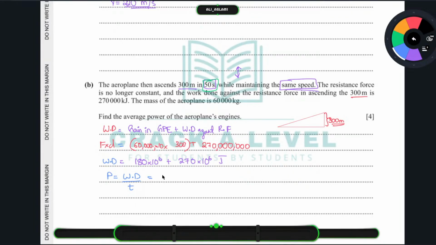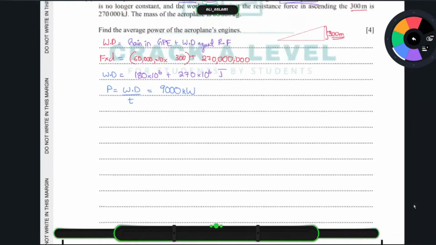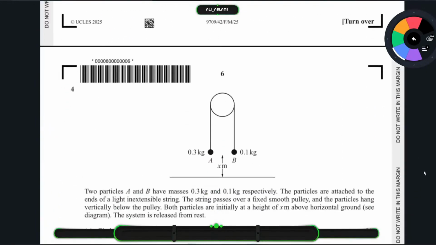So we are getting 9,000 kilowatts, 9,000 exponent 3, which is 9,000 kilowatts. Yeah, that should be it.